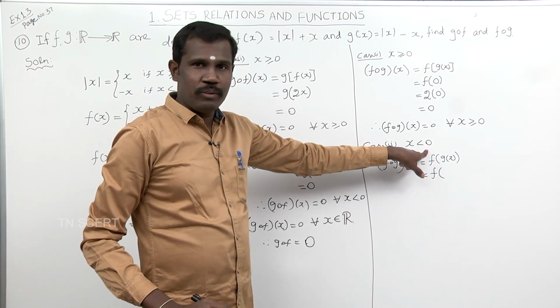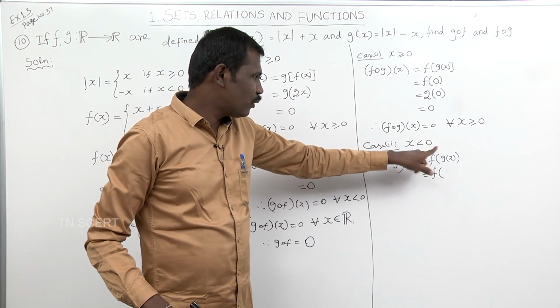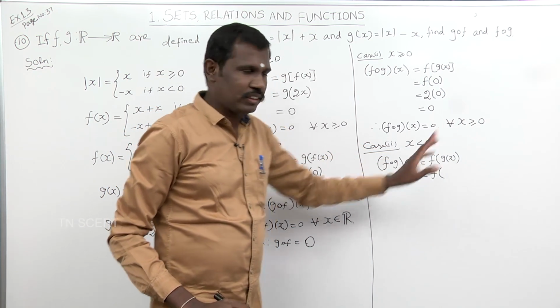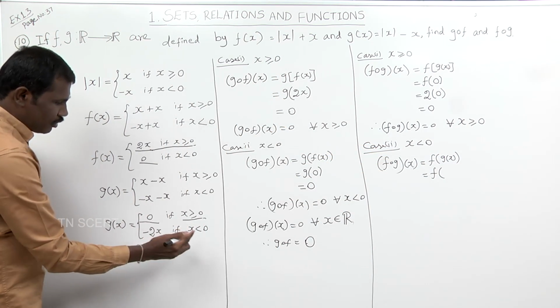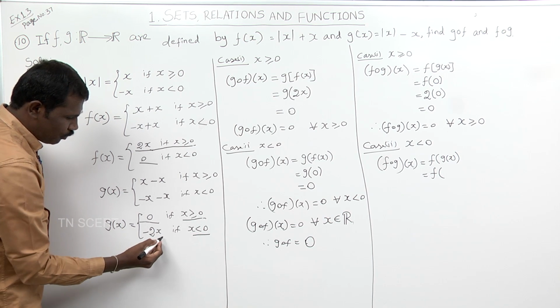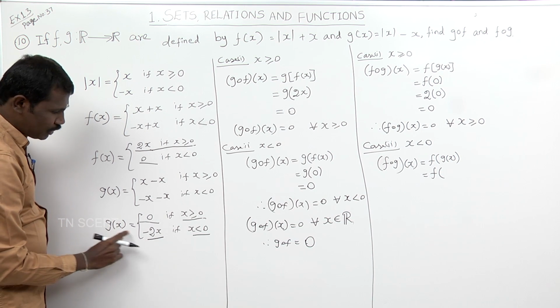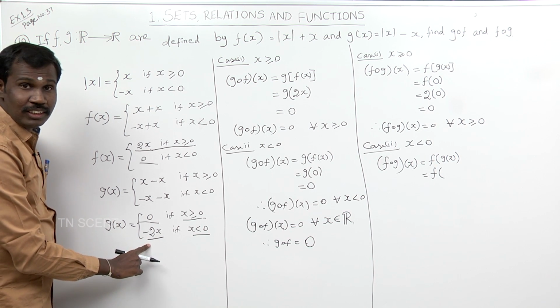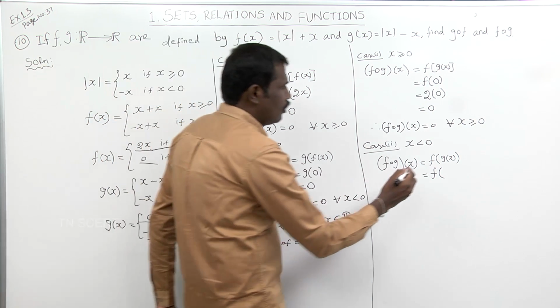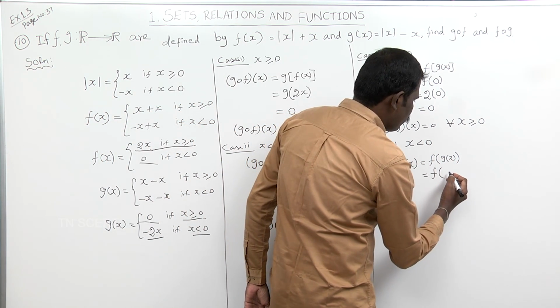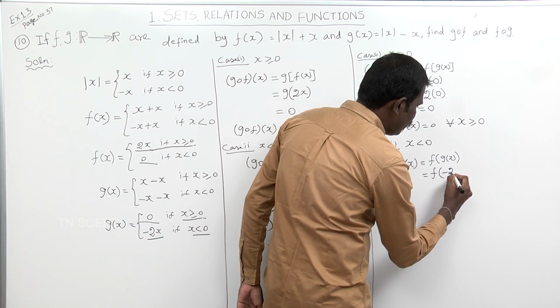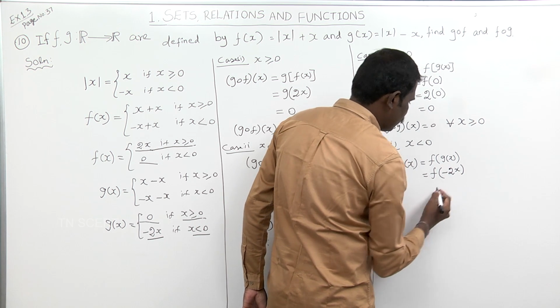When x is negative, what is the value of g of x? It is minus 2x. So, g of x is nothing but minus 2x.